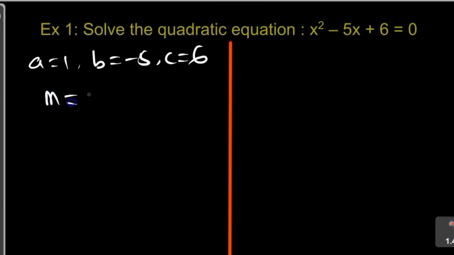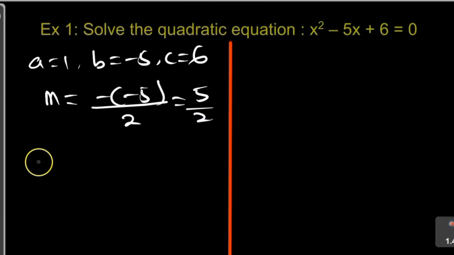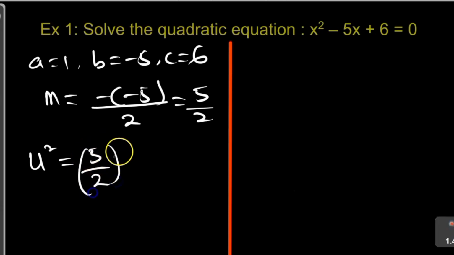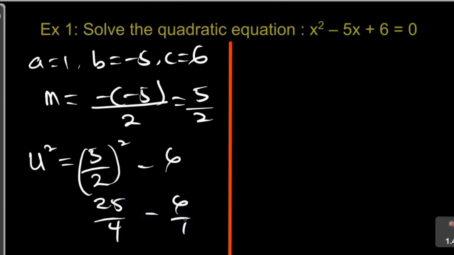So M will be 5 over 2 times 1, that is 5 over 2. Since we have gotten M, now let's get U. U squared is equal to 5 over 2 all squared minus c over a, 6 over 1 is 6. So we have 25 over 4 minus 6 over 1.